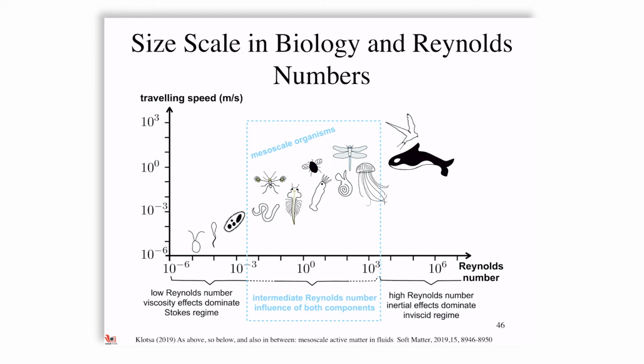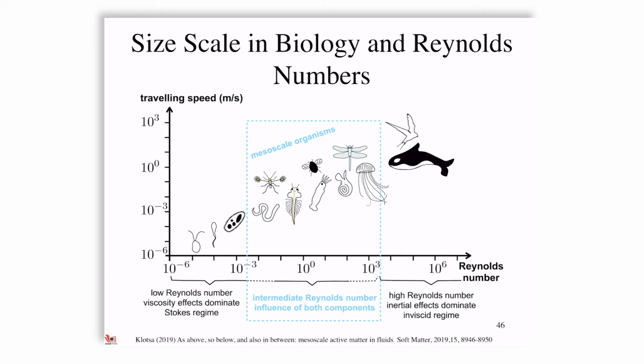Birds fly faster than insects, shrimps swim faster than sperm cells, and so on and so forth. Now, in this graph, what you're looking at is that low Reynolds numbers and viscosity dominate at small length scales, single-celled.